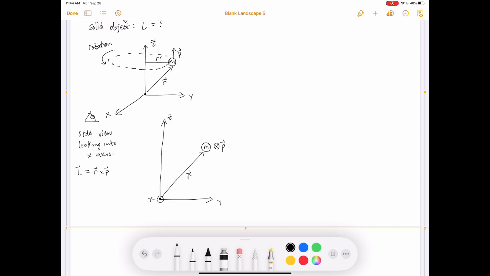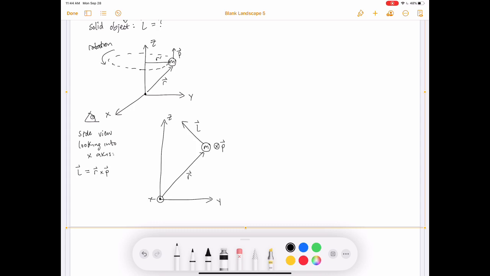So try this out. Point your fingers of your right hand in the direction of r, and then curl those fingers into the page, which is the direction of p. And you should find that your thumb is now pointing kind of up and to the left, like this. So there's the vector L.